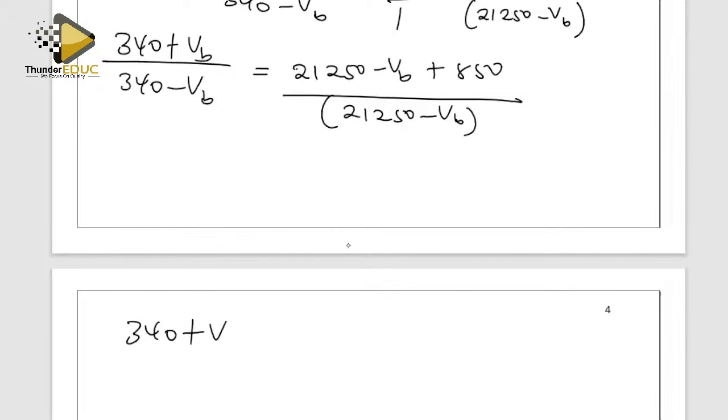Okay, 340 plus VB is giving me, what's 21250 plus 850, that is 22100 minus VB.